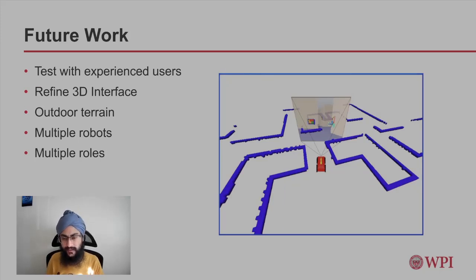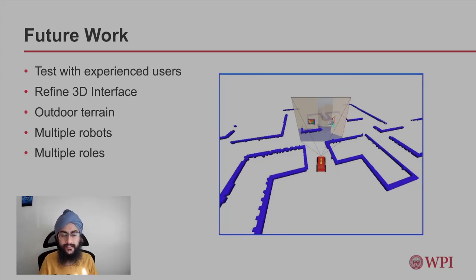And so now looking at some future work, all of these experiments were done with completely novice users. Maybe they had experience playing video games and things, but they didn't really get time to train with the particular user interface.